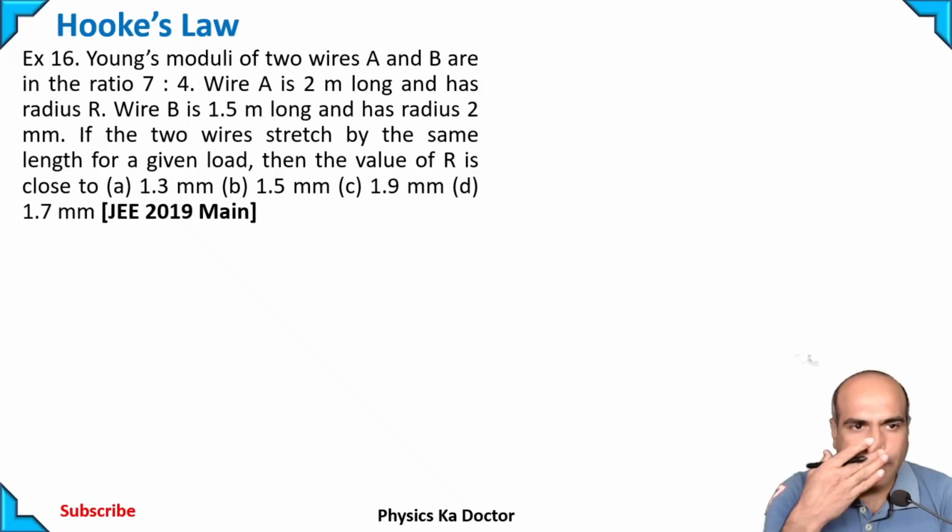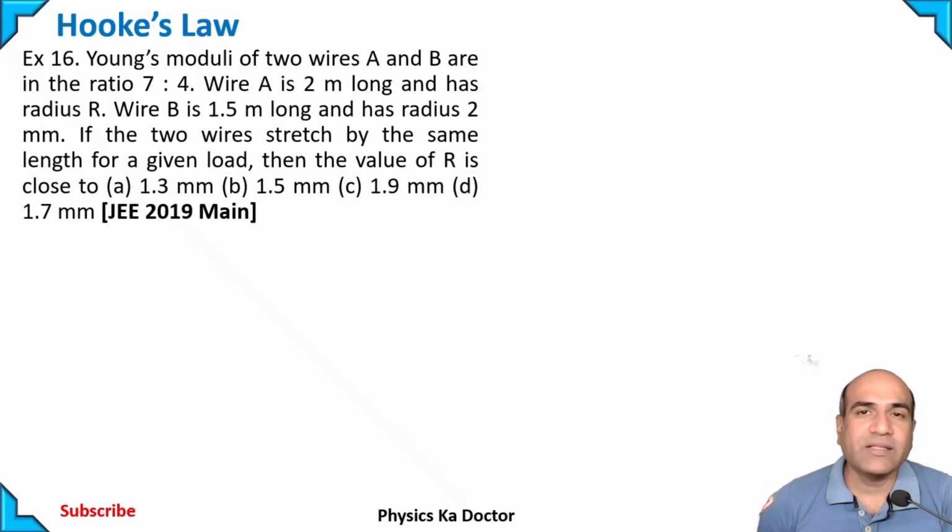If the two wires stretch by the same length for a given load, then the value of R is close to: four options are given. A is 1.3 millimeter, B is 1.5 millimeter, C is 1.9 millimeter, and D is 1.7 millimeter. Asked in JEE Mains 2019.